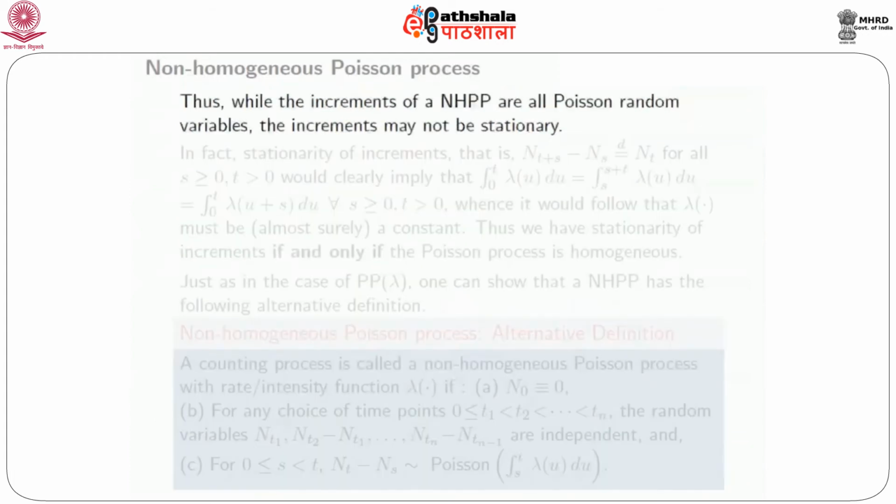Okay. Thus, the increments of a non-homogeneous Poisson process are all Poisson random variables, but the increments may not be stationary.